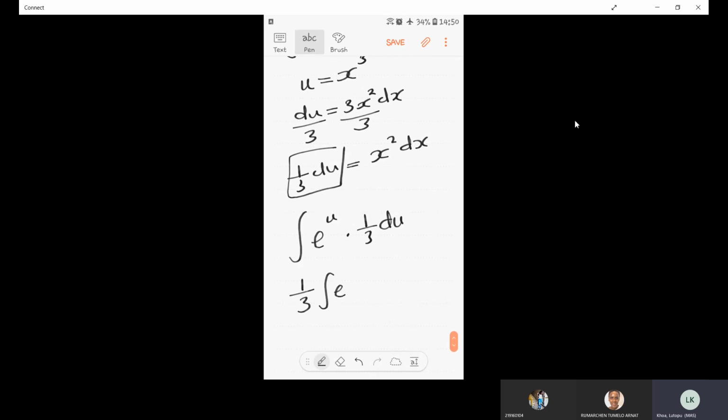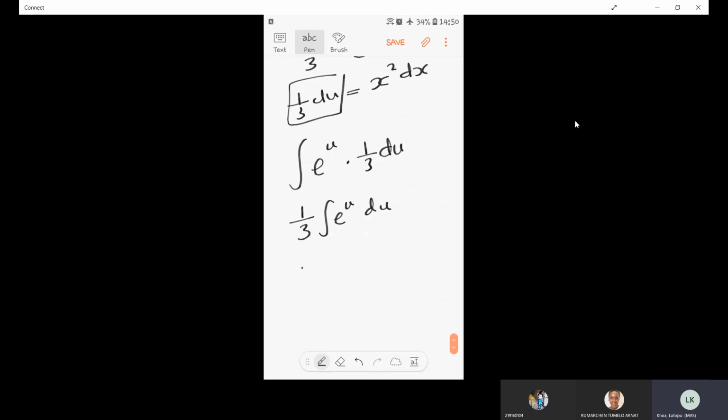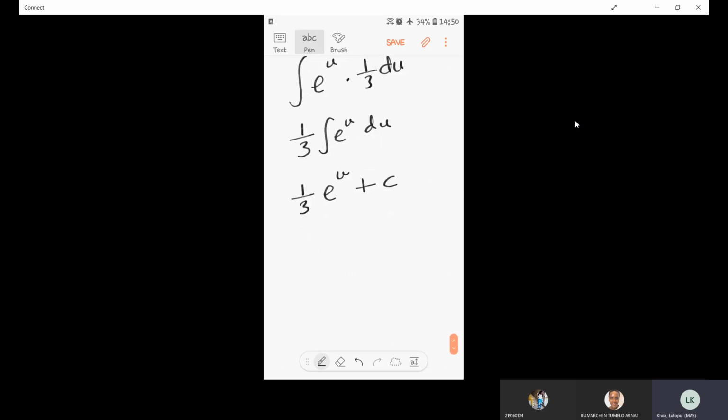This is the integral of e to the power of u du, which is 1 over 3 e to the power of u, because when we integrate e to the power of u, it doesn't change. Then you add c. And this is 1 over 3 e to the power of u, where u is equal to x to the power of 3.